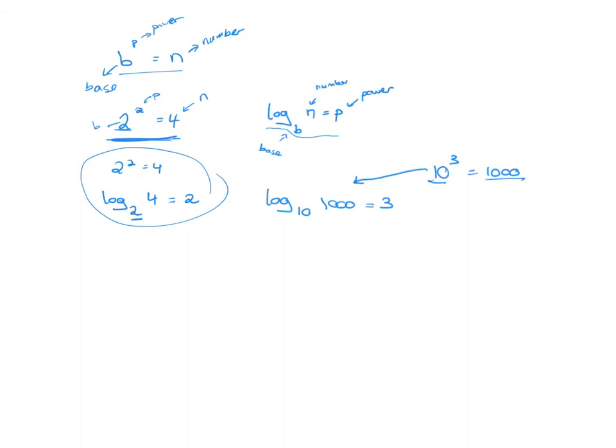In what we will be working on, we have e, the exponential function. So what we will be working with is the natural log, so a log with base e.